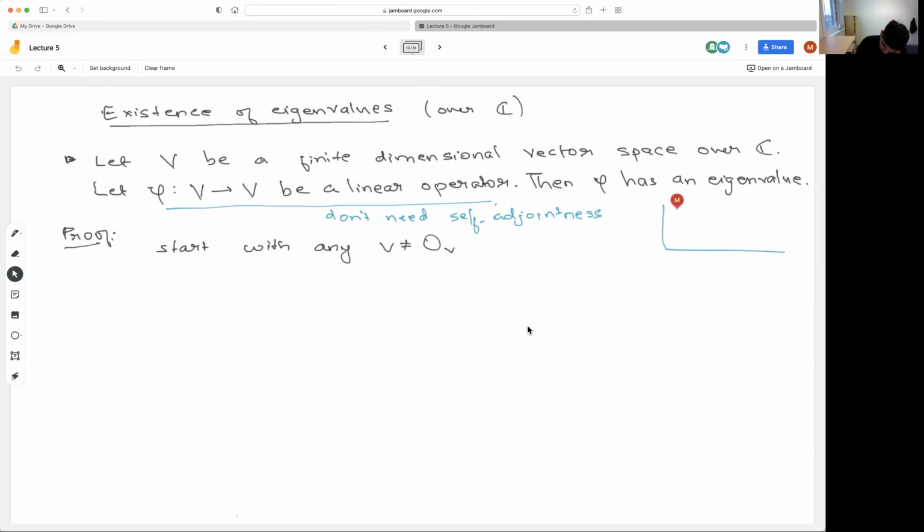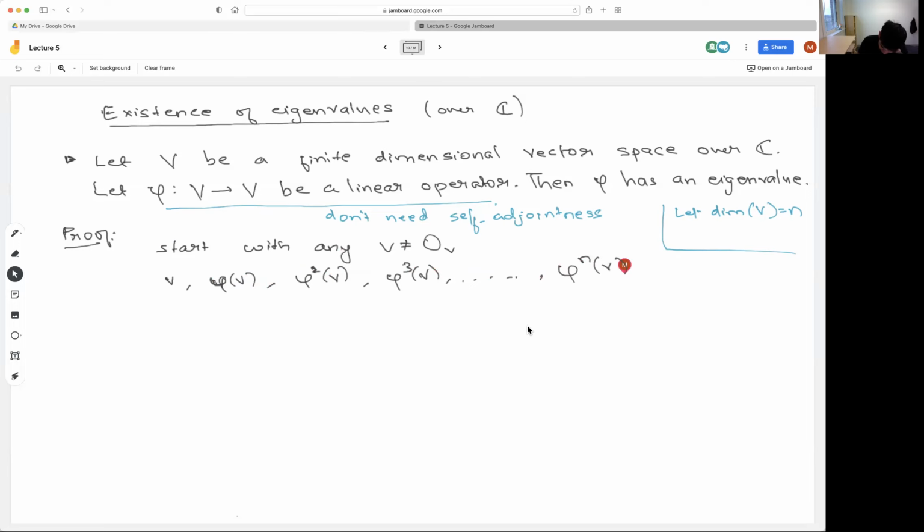It's a finite dimensional space, so let the dimension be n. I'll use n to write the space. And start with any vector v and then write down the following vectors: phi of v, phi square of v, phi cube of v, and so on, all the way up to phi to the n of v.